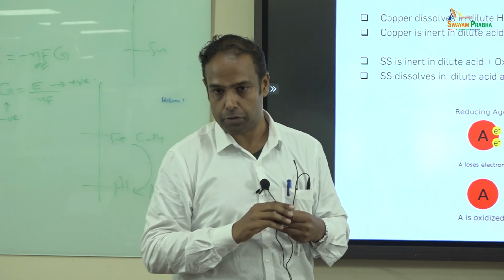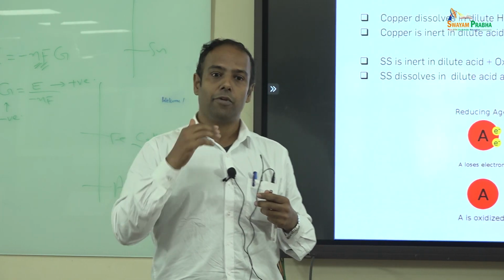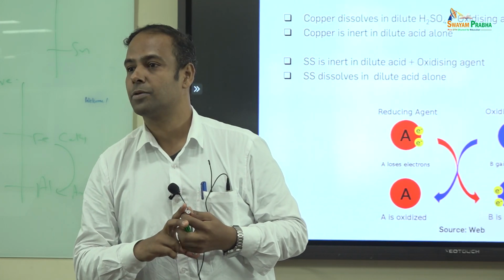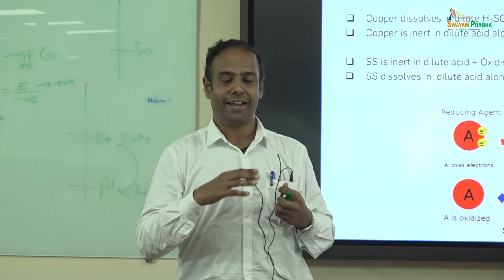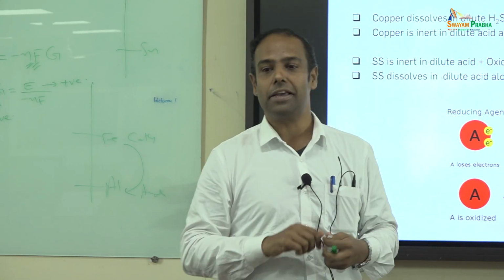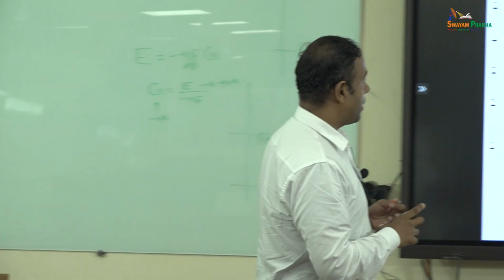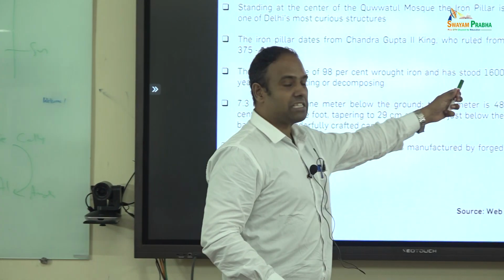Now, have you ever heard of the rustless wonder, the iron pillar? Why is the iron pillar in Delhi called the rustless wonder? The history behind it is that it has been standing from 375 to 413, close to 1600 years.